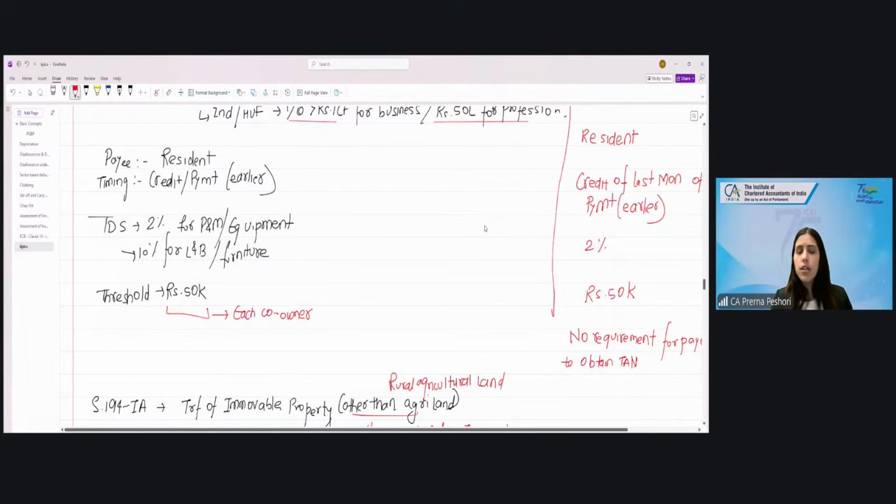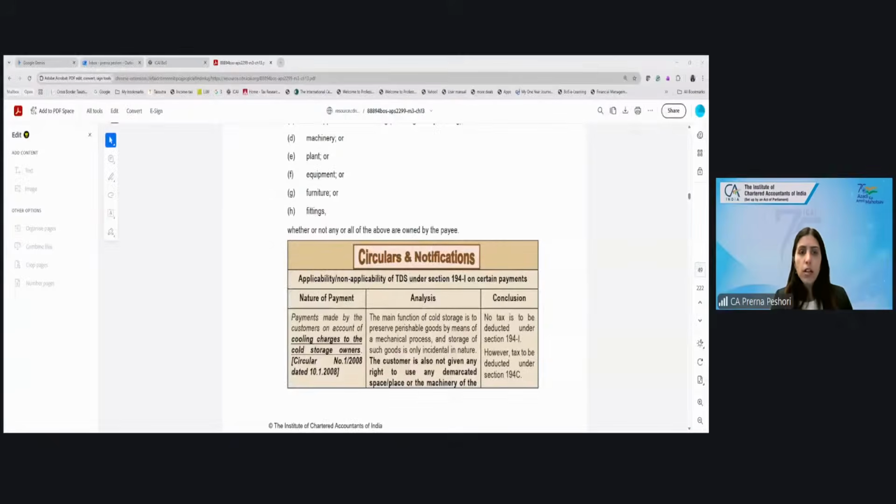Now here, there are again certain circulars and notifications of the CBDT which we need to take into consideration. First is payment by the customers on account of cooling charges to the cold storage owners. Whether this is for rent or is this in the nature of a contract of work. So the CBDT has clarified that the cold storage owners do not give the customers a clear demarcated space, or they do not rent out any machinery of the cold storage.